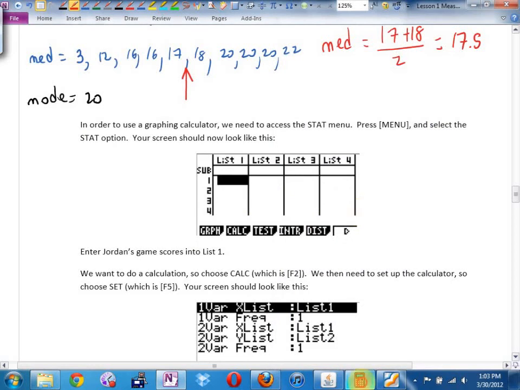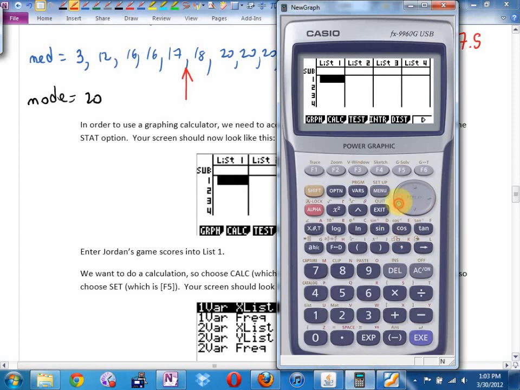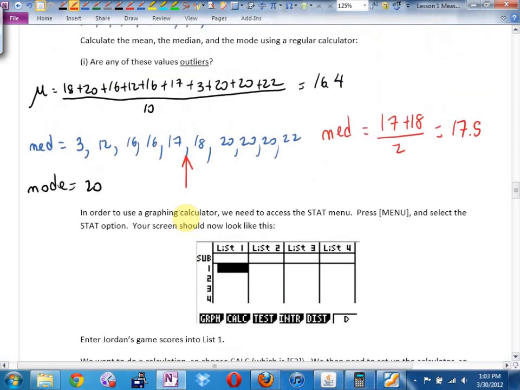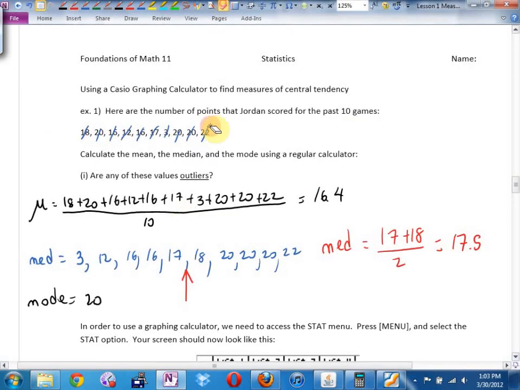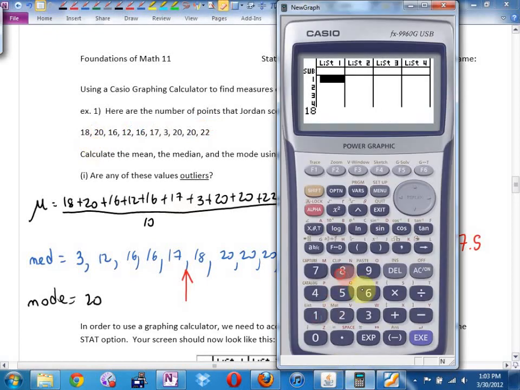What we're going to do is enter Jordan's scores. Navigate your arrows until you're in list 1, and we can enter Jordan's scores directly into list 1 by going, okay, I got to erase this. 18, enter. 20, enter, start typing.